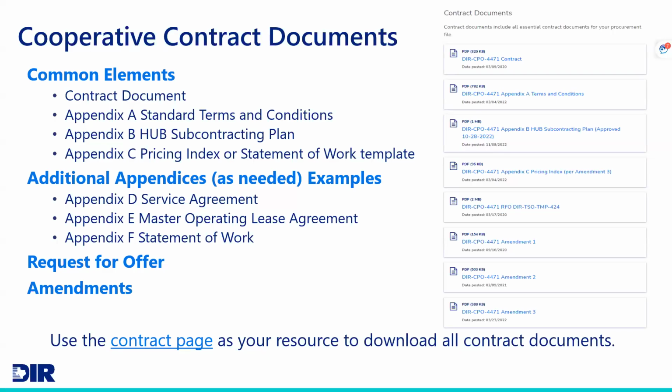You will also see the attached request for offer, which is what DIR used to publish for vendor responses, and what that vendor contract was then eventually negotiated and awarded under. You will also see any amendments attached that have been processed for that DIR vendor. So feel free to use that vendor contract page to download all the documents you'll need for your procurement or your contract files.